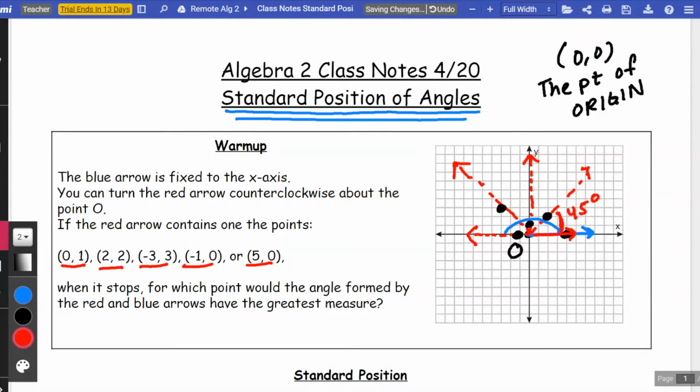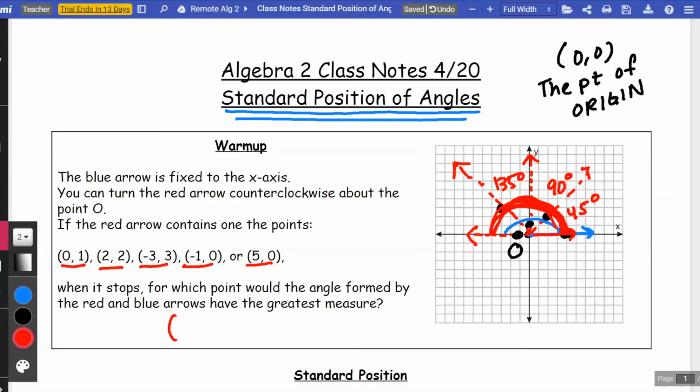Then the blue line with the red line going through (0, 1) creates a 90-degree angle. Then we create what looks like about a 135-degree angle with the blue line and the point (-3, 3). And then all the way back down to the x-axis again, we've created a 180-degree angle.